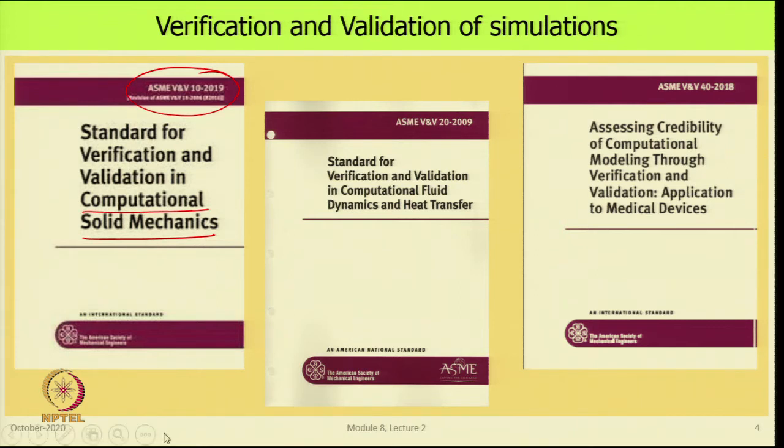The second one is V&V 20, a standard for verification and validation in computational fluid dynamics and heat transfer. And the third one I have shown here is V&V 40, which is assessing credibility of computational modeling through verification and validation, application to medical devices.